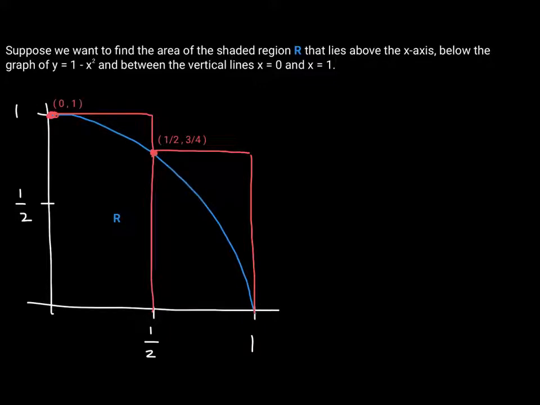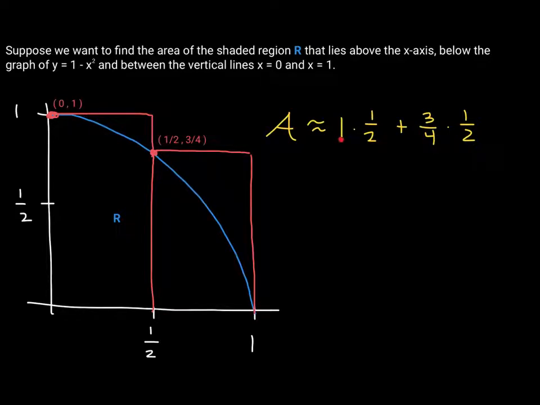All right, so let's do it. We can say that the area of this region is approximately, and what we're going to do is sum the area of the two rectangles, but as we said, it won't be exact. It'll be an approximation. So it'll be 1 times 1/2 plus 3/4 times 1/2. Remember that the formula for the area of a rectangle is length times width, or base times height.